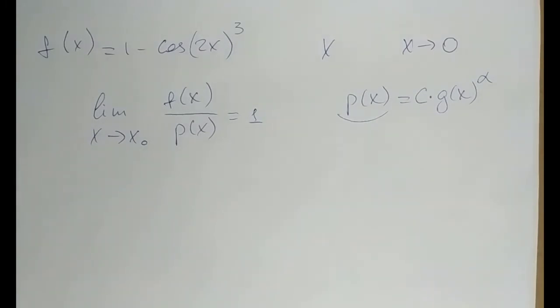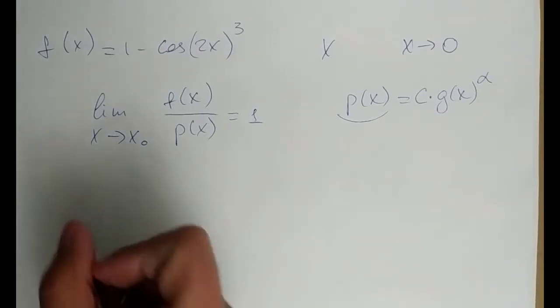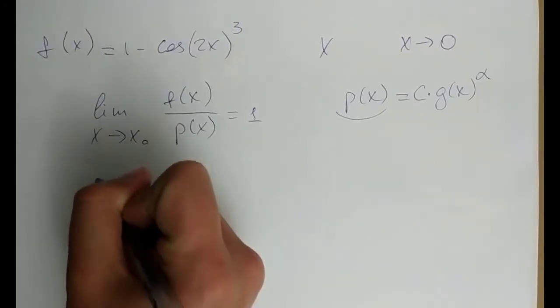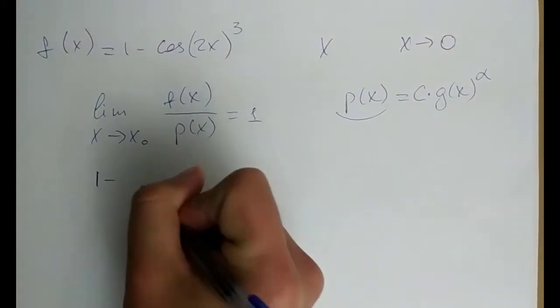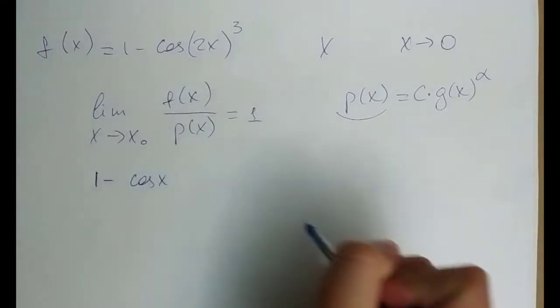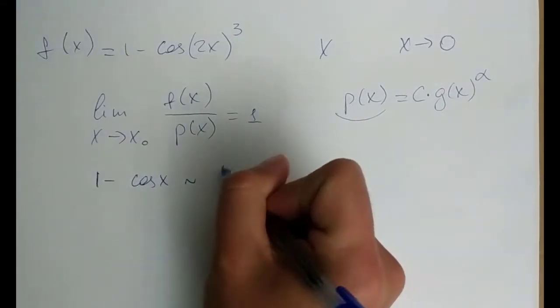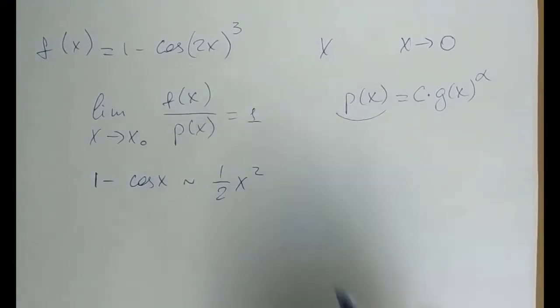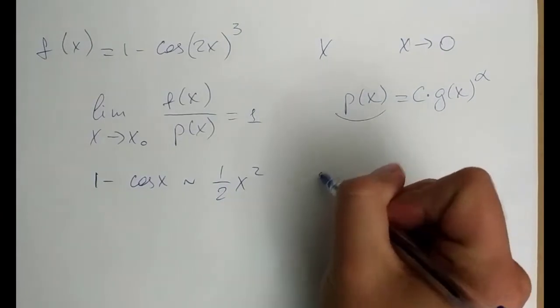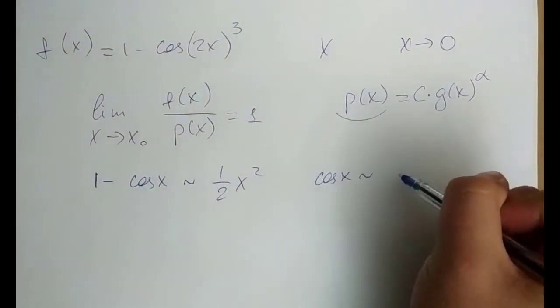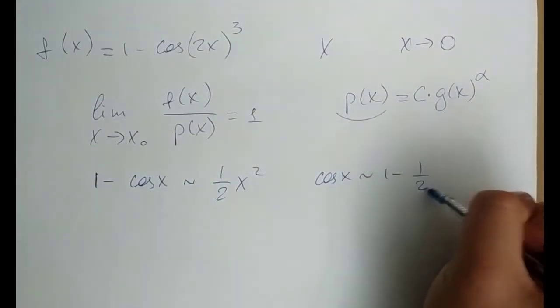We know 1 minus cosine x is, from fundamental limits, equivalent to 1 over 2 x squared. Or we can write cosine x is equivalent to 1 minus 1 over 2 x squared.